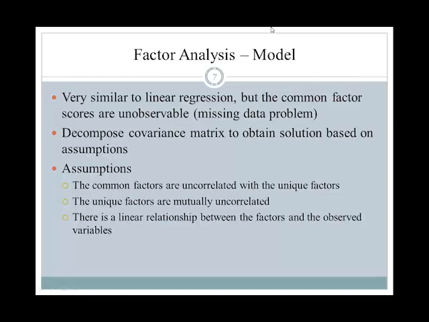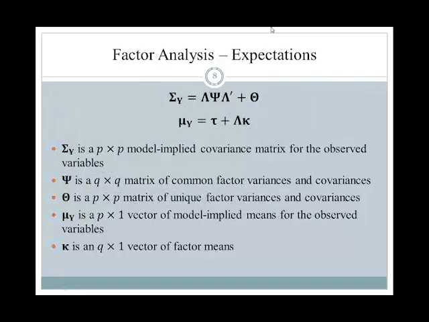But when taking that initial equation and these assumptions together, we get the following expectations. I'm not going to go into too much detail about these equations, but this first equation is about the expectation of the covariance structure, and the second is about the mean structure.